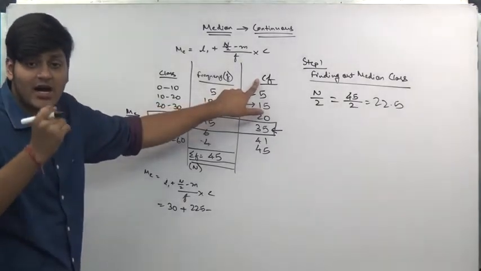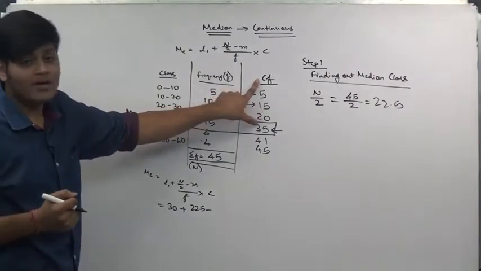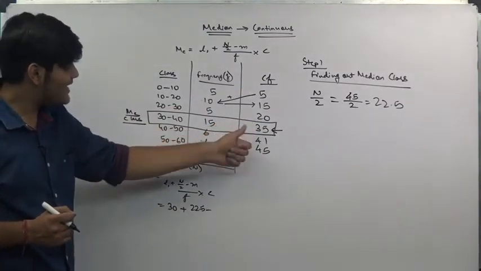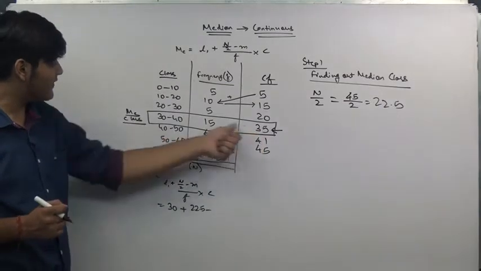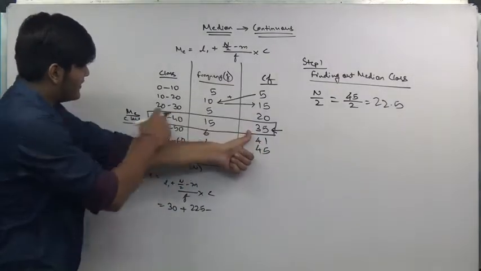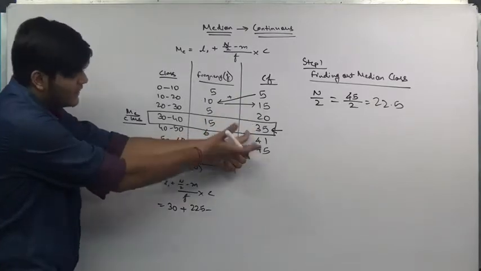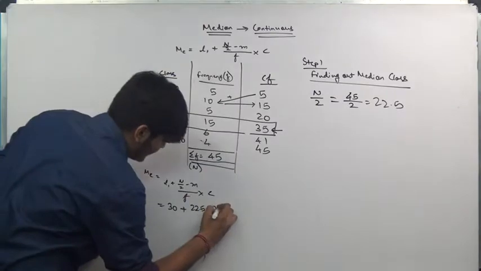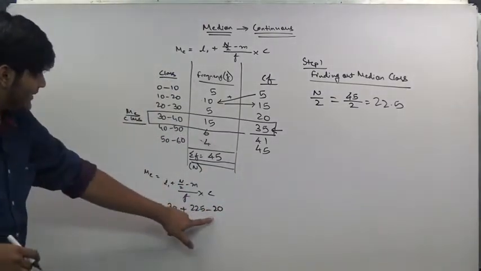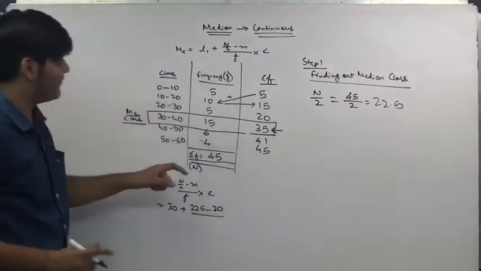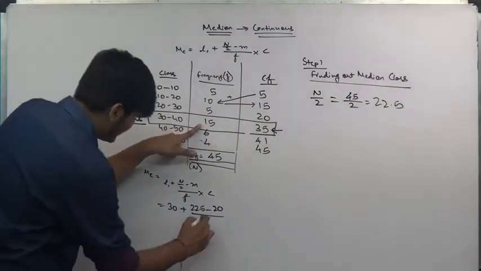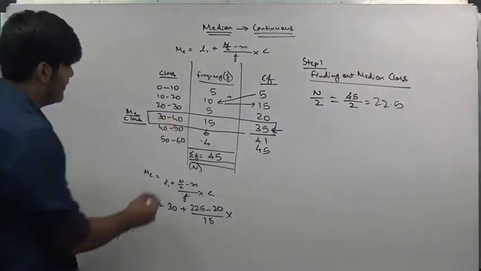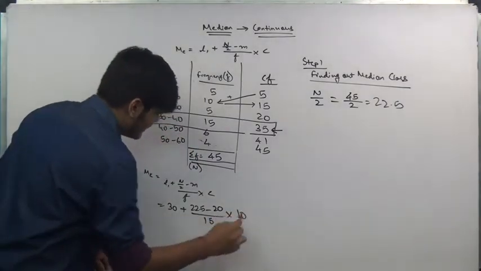The class just above or just before the median class. Before 35 is 20. The cumulative frequency of the median class is 35, and the pre-median class cumulative frequency will be 20. Divided by f, the frequency of the median class, that is 15, into c, the class interval, that means 10. 40 minus 30 is 10, the class interval.